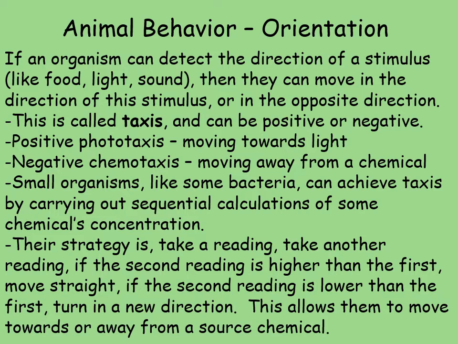If the second reading is higher than the first, then they'll move straight because they know they're heading towards the food source. If the second reading is lower than the first, then they'll turn into a new direction. This allows them to move towards or away from a source chemical. So they're acting as if they can focus in on the direction of a stimulus, even though they're actually not doing that.